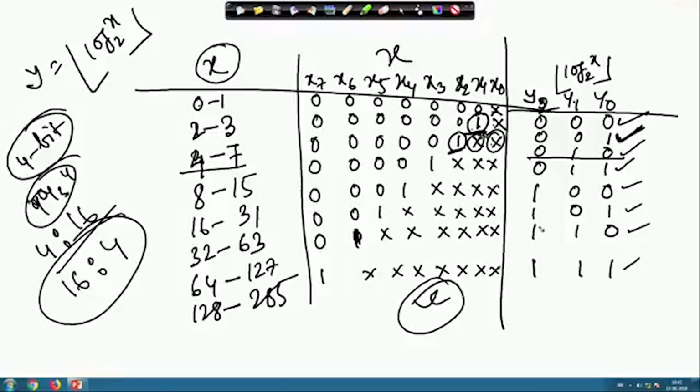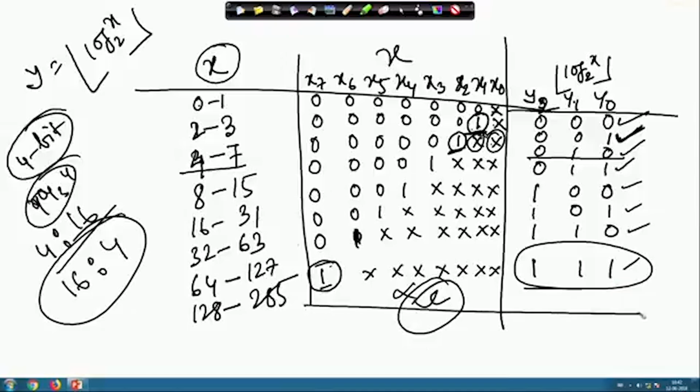So, from this table you can see that at this particular point x7 is 1, no matter what the value of the other bits is, it corresponds to 111 or 7. Okay. So, this particular operation table is the same as a priority encoder circuit.